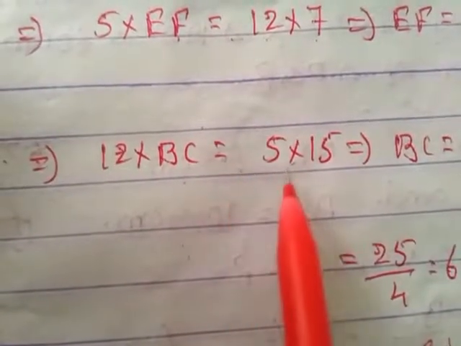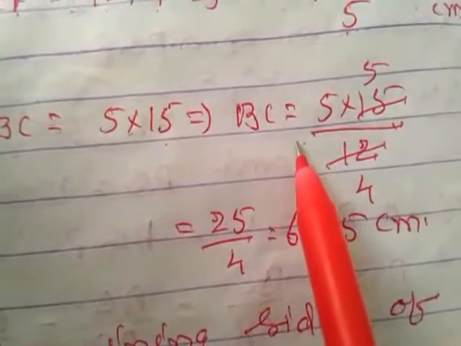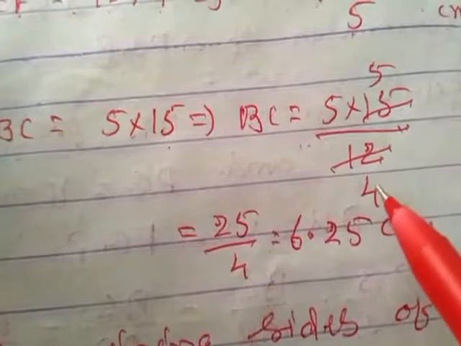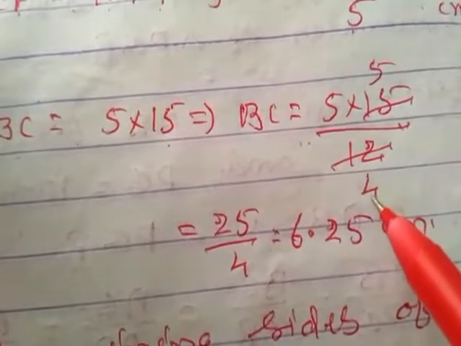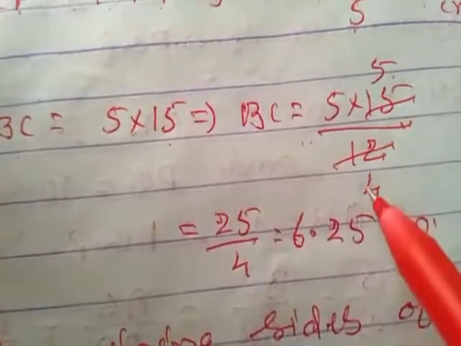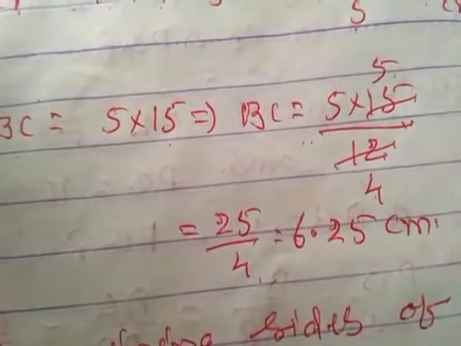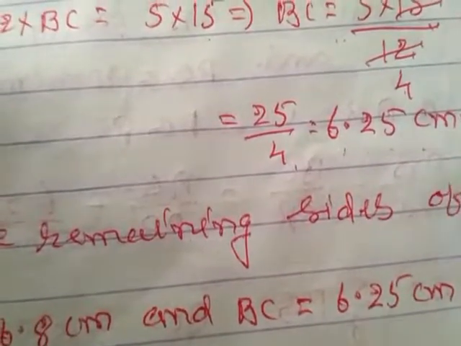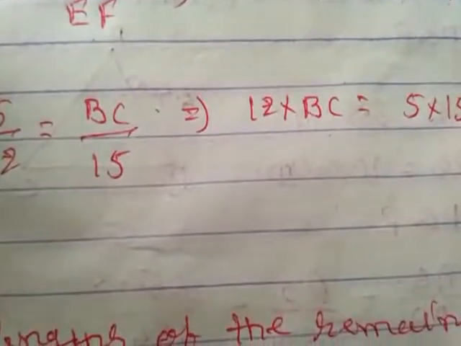Thereafter BC equals to 5 into 15 by 12. So from 3, 12 will go 4 times and 15 will go 5 times. So 5 fives are 25 by 4, that is equal to 6.25 centimeter, which is the side BC of triangle ABC.